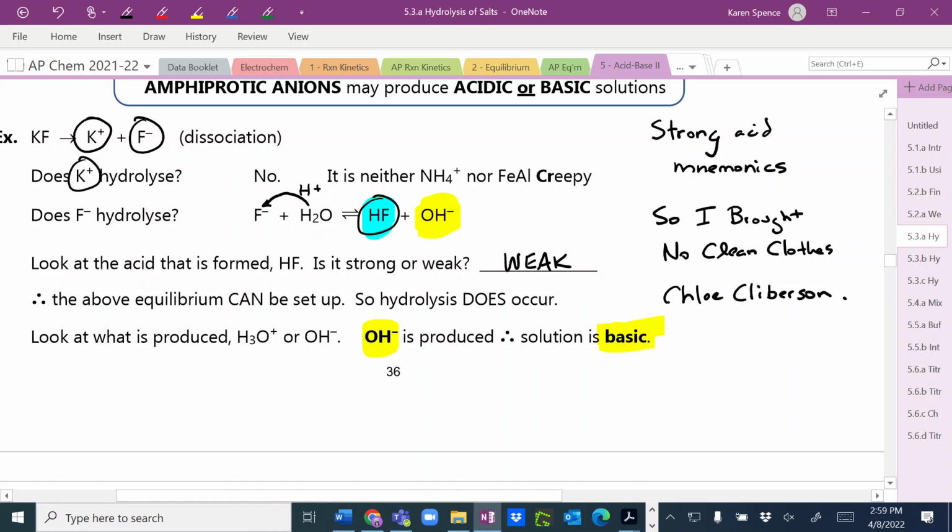We haven't gotten rid of all the fluoride. We only used up some of it, right? We have this, we have this. What do we have excess of in terms of hydrogen or hydroxide? We have excess hydroxide. Yes? So never look and say, did I produce an acid or a base? Look and say, did I produce hydronium or hydroxide? That's going to tell you whether it's acidic or basic. Okay?